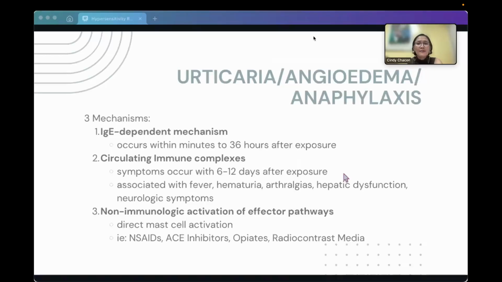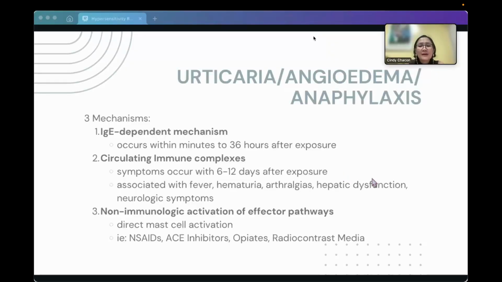Drug-induced urticaria may be caused by 3 mechanisms. The first one is an IgE-dependent mechanism, your type 1 hypersensitivity reaction. We mentioned earlier that because type 1 is an immediate type, we expect reactions to occur within minutes to at least 3 to 6 hours after exposure. Second mechanism is circulating immune complexes, or your serum sickness, which is a type 3 reaction, right?